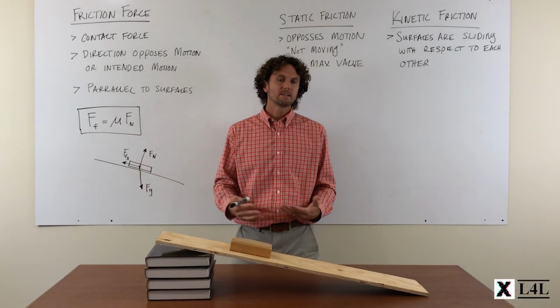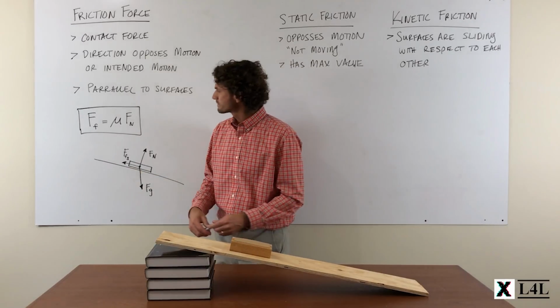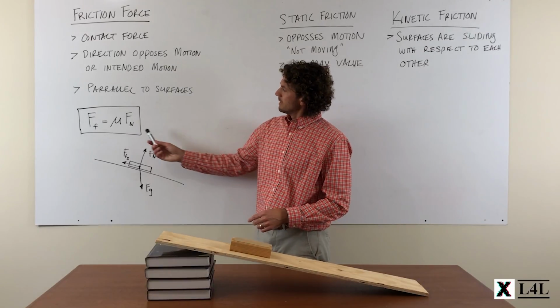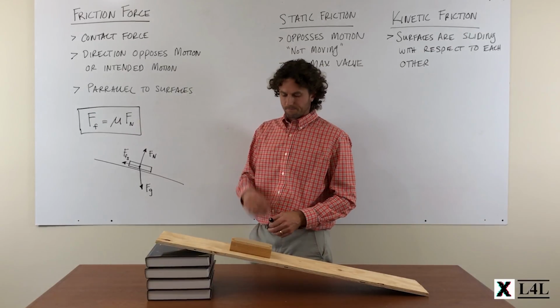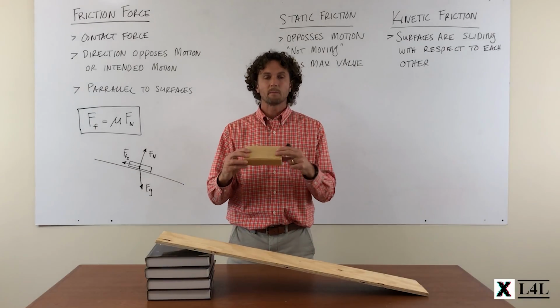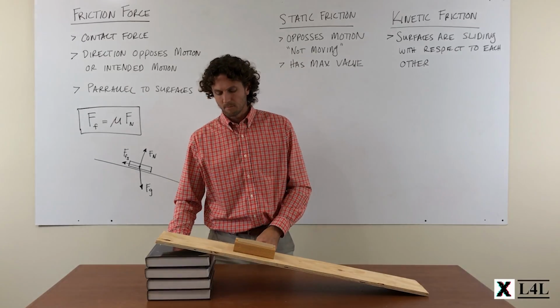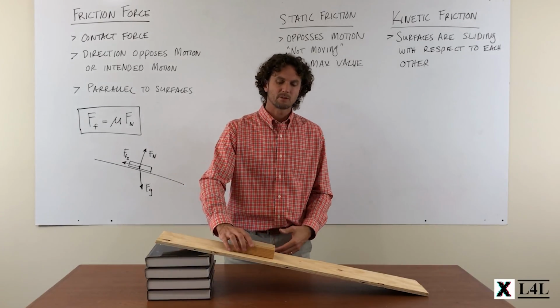It's really what defines it, and it varies depending on the materials that you're using. So, for example, I have this block here, and on one side I taped a piece of sandpaper to it. It's the same wooden block, same mass, but the surfaces in contact with each other are going to vary.